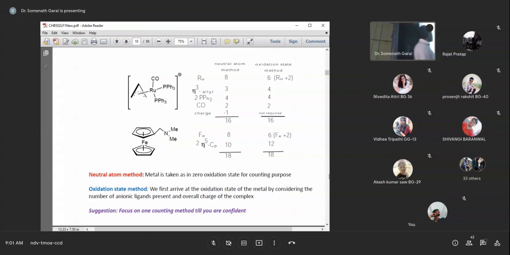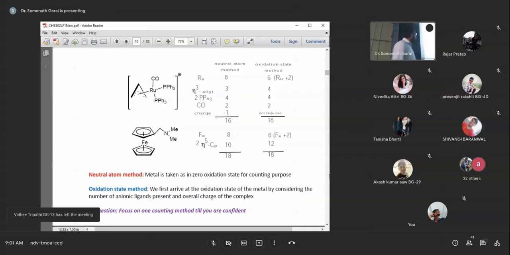Another thing is that often students will come and say, sir, I put 8 here, but I have already taken care of the charge of the ligand, so why is it not matching? Focus on only one counting method. Do not mix the neutral and ionic methods together and then try to do something that will never match.